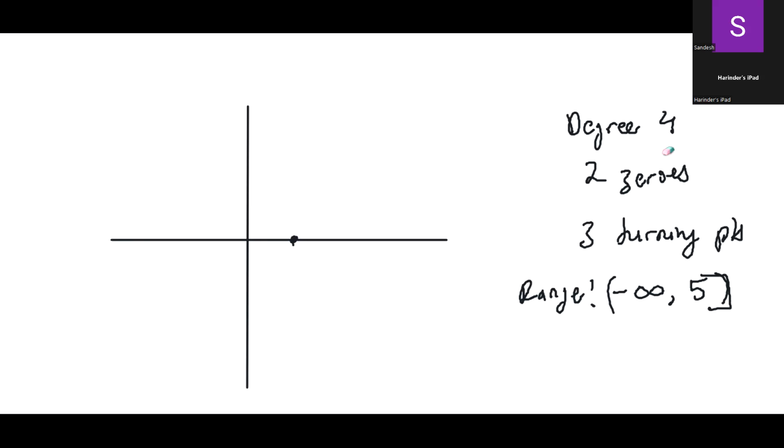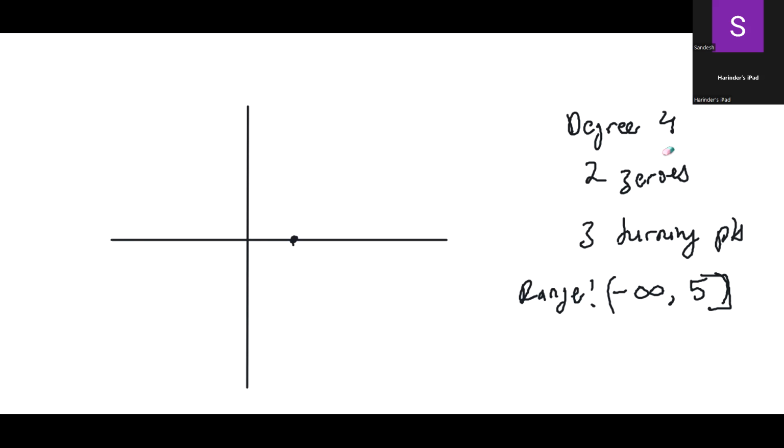The 5 there, is that a maximum or a minimum? It is a maximum, right? How do you know it's a maximum? Because it can be anything from negative infinity to positive 5. Maximum means it's opening downwards.